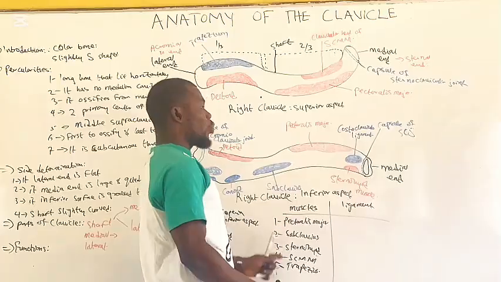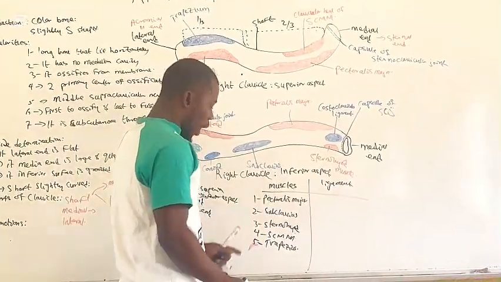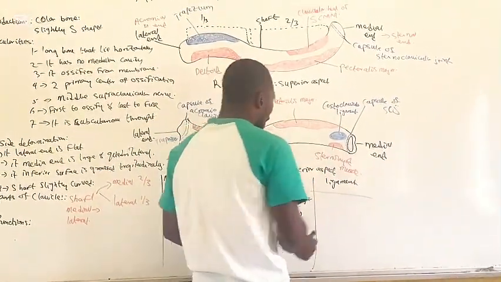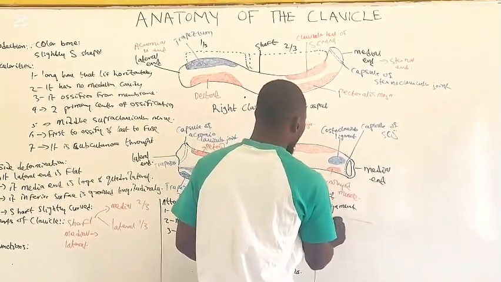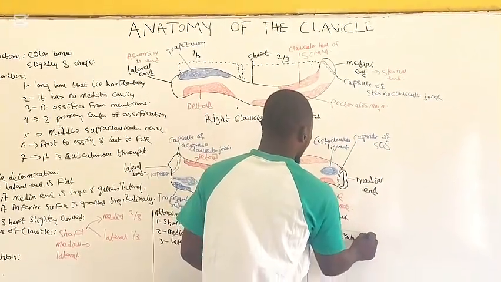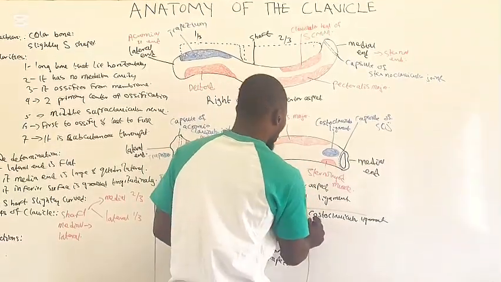the clavicular end of sternocleidomastoid muscle, and the trapezius. The ligaments that are attached to the clavicle are 1. Costoclavicular ligament, 2.